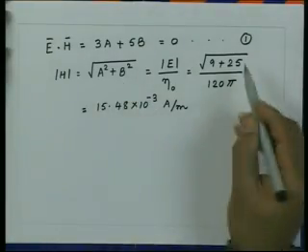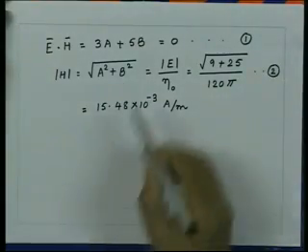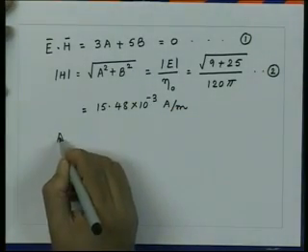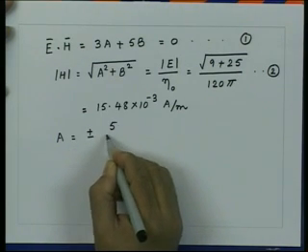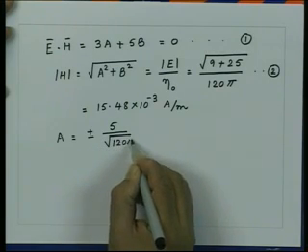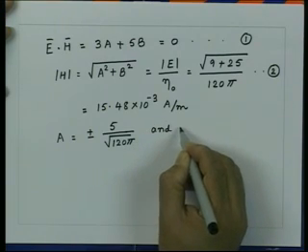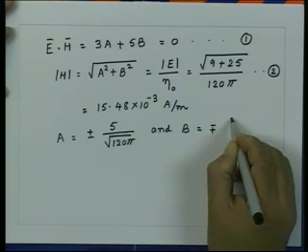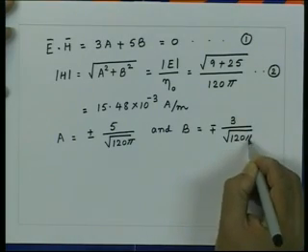Now, knowing this quantity, this is the second equation which relates A and B. So, from these two equations one can solve for A and B. So, we get A is equal to plus minus 5 upon square root 120 pi, and B is equal to minus plus 3 upon square root 120 pi.